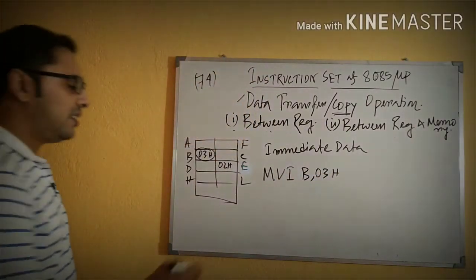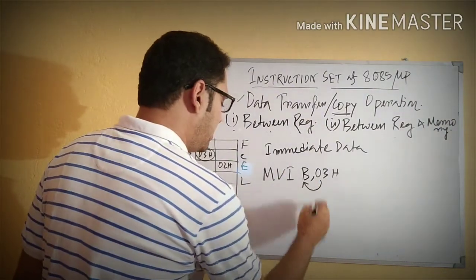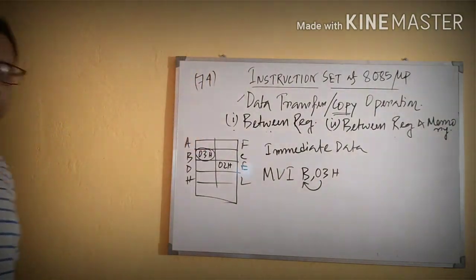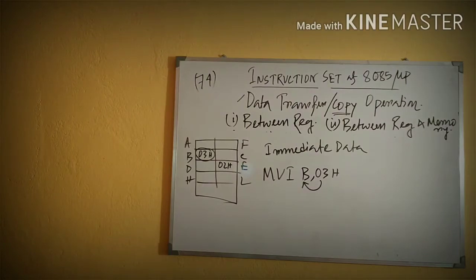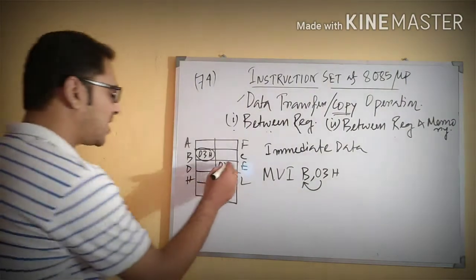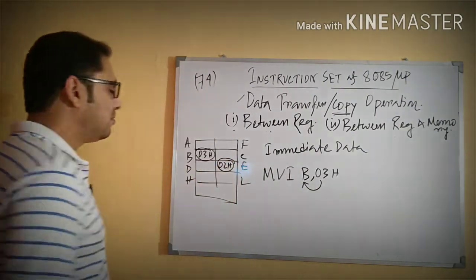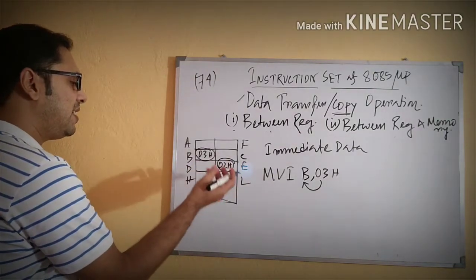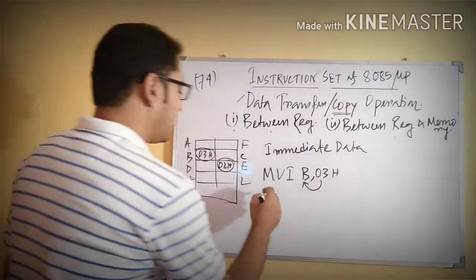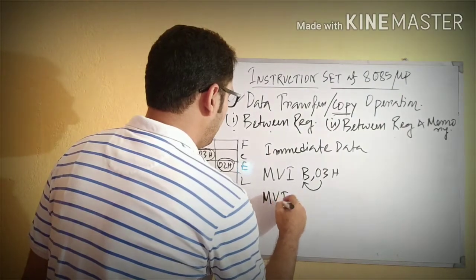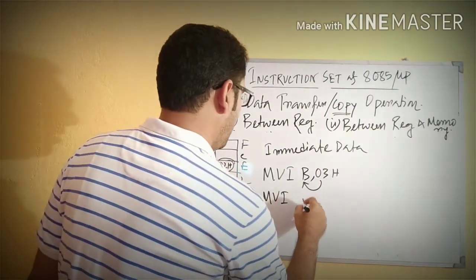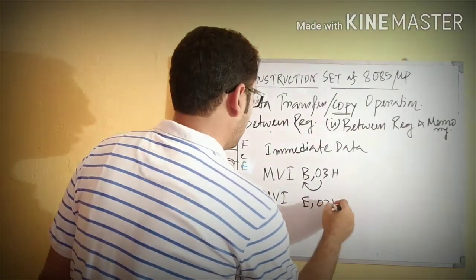That means this 03 will be directly copied into register B. Clear? Suppose I want to get 02 as immediate data into register E. Then I should write MVI E, comma 02 hex.